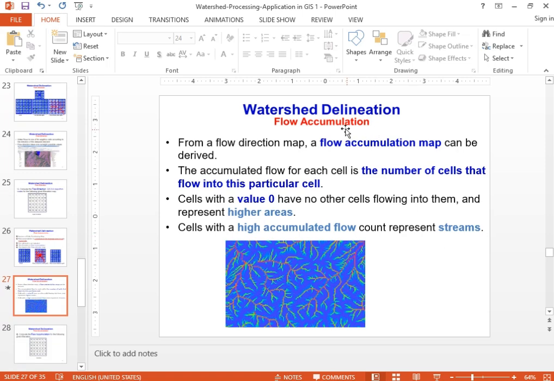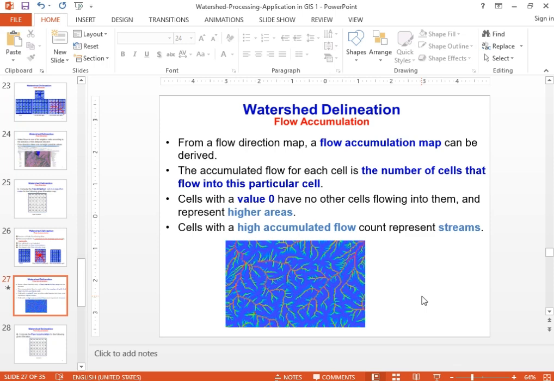When we are working on flow accumulation under GIS, you may get such flow accumulation lines. Therefore, from a flow direction map, a flow accumulation map can be derived. The cumulative flow for a cell is the number of cells that flow into this particular cell.